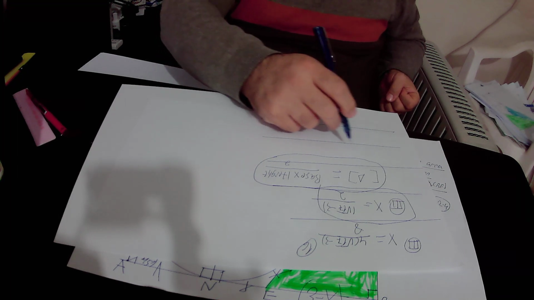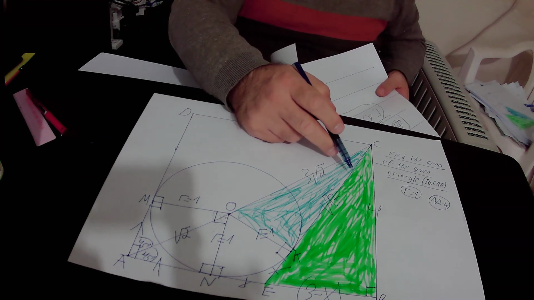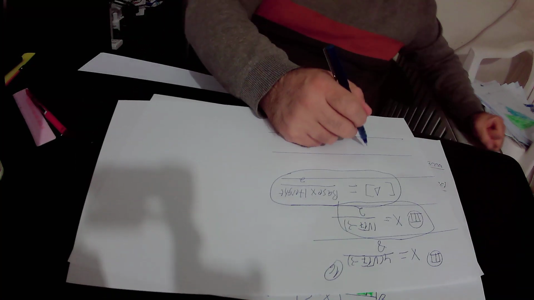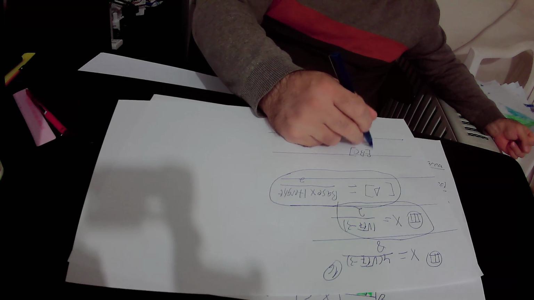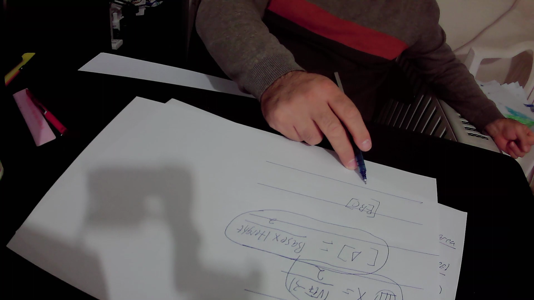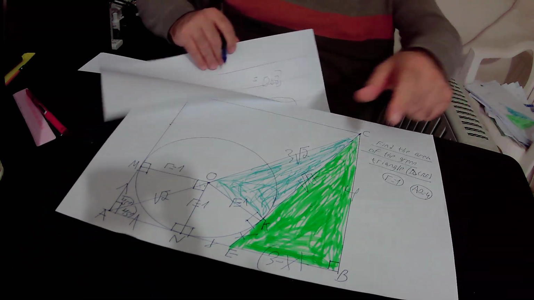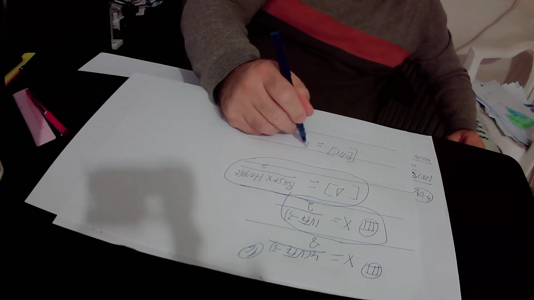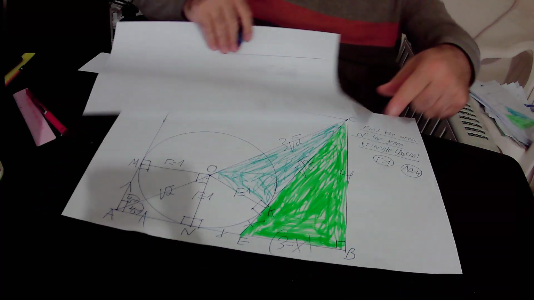So in our specific case, the area of the green right triangle EBC, according to this formula, equals the base of the triangle EBC, that is actually EB, times the height to the base.